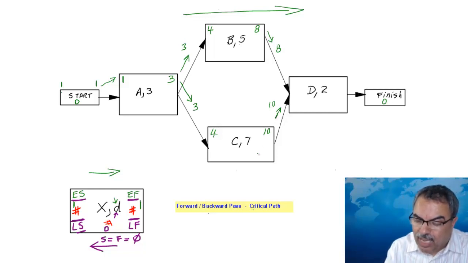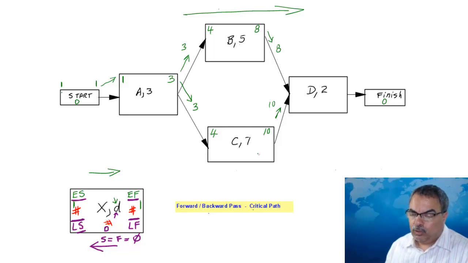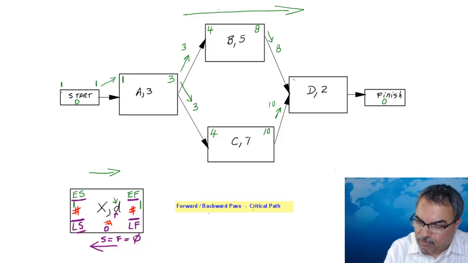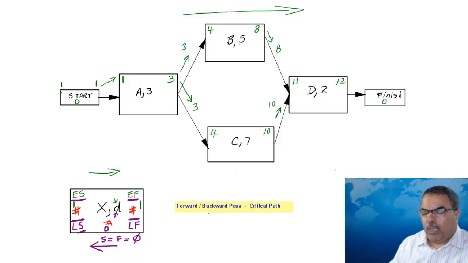But again, day 10 is taken by task C. It's not available for me. So the next available day is the 11th day of the project. And since it takes 2 days, it's 11 plus 2 is 13, minus 1 is 12, which means I'm going to be done on day 12.